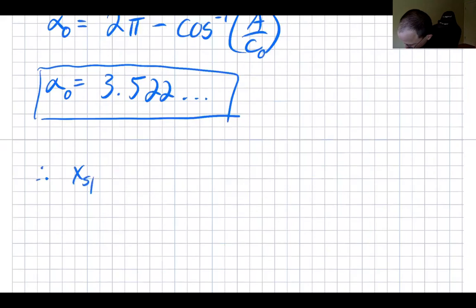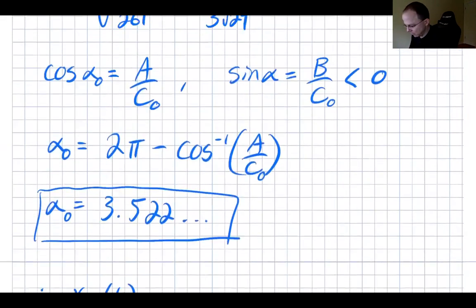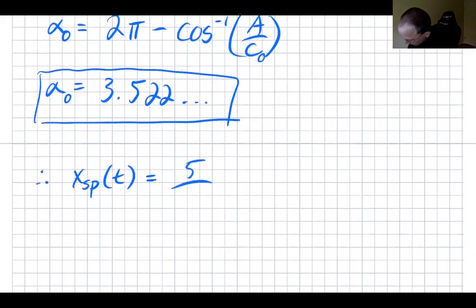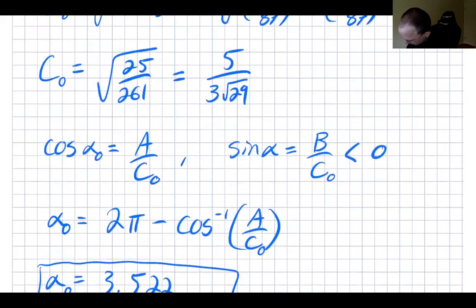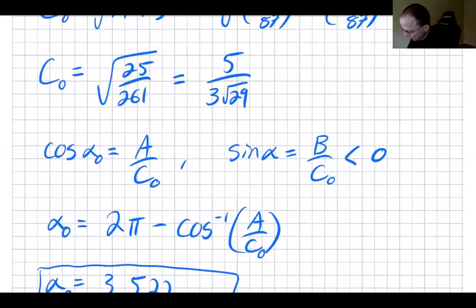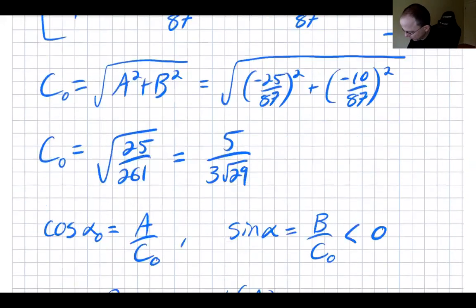Okay, so therefore the steady periodic solution is going to be this C value, 5 over 3 root 29, times cosine of, and the omega naught is 5.